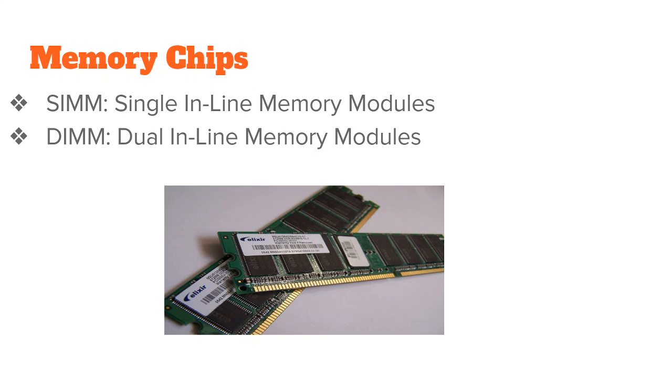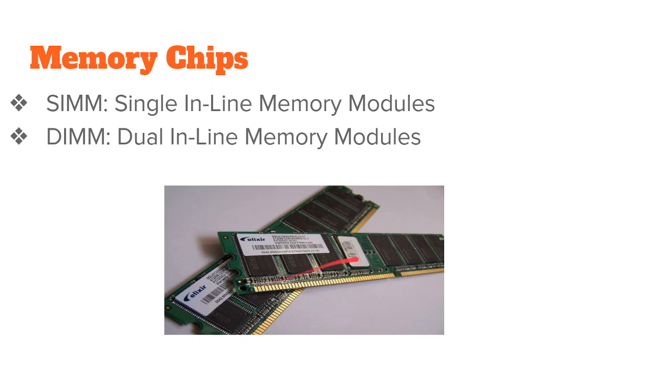So it can be of two types, as I told you, SIMM and DIMM. What does SIMM mean? The full form is single inline memory module, and it comprises RAM chips on a printed circuit board.